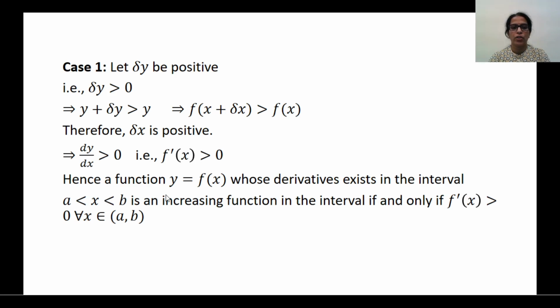Hence, a function y equal to f of x whose derivative exists in the interval a comma b is an increasing function in the interval if and only if f dash of x is greater than 0 for all x belongs to a comma b. The function is said to be increasing if f dash of x is greater than 0.